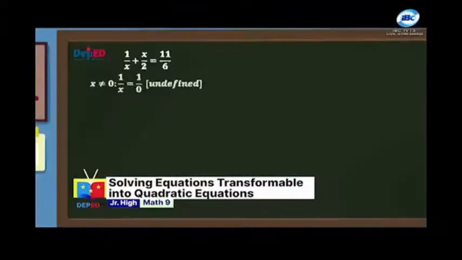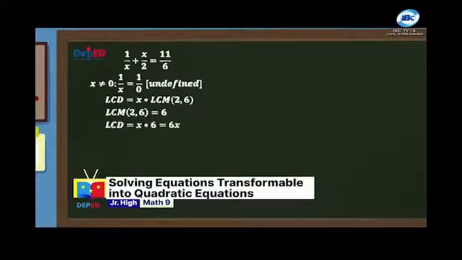And time is up. The value of x in the equation must not be 0, since the expression 1 over x will be undefined. Were you able to determine the LCD? Since one of the denominators is x, the LCD must be the product of x and the LCM of the constant denominators 2 and 6. The LCM of 2 and 6 is 6.